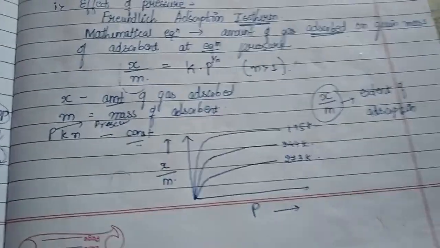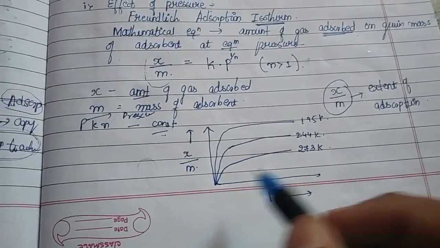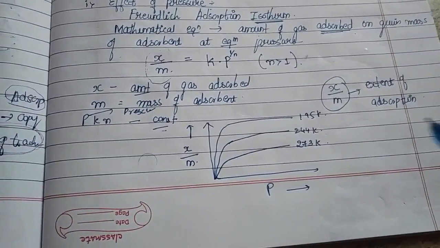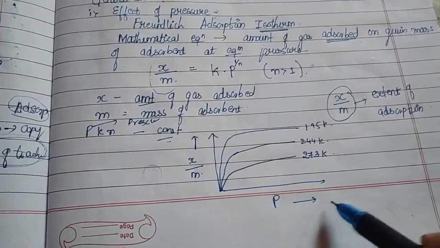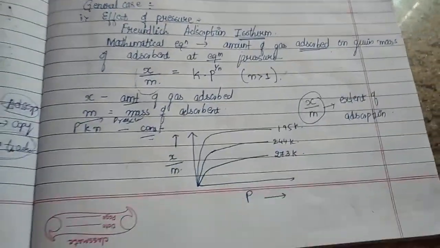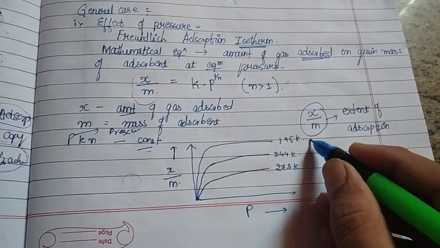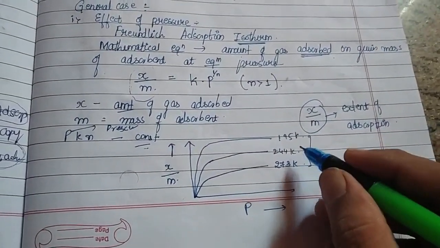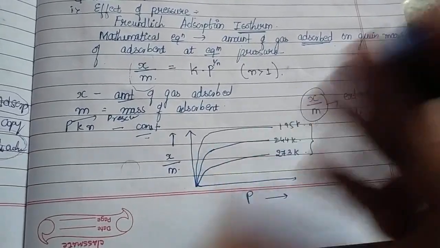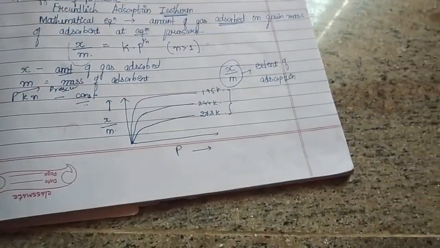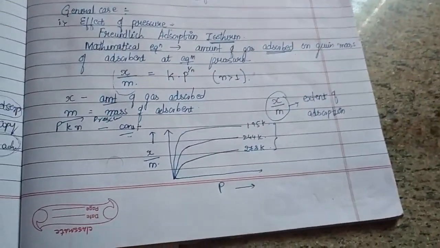So what is the main observation? With the increase in pressure, we are plotting the graph of extent of adsorption versus pressure at a particular temperature. With an increase in temperature, the extent of adsorption is decreasing.